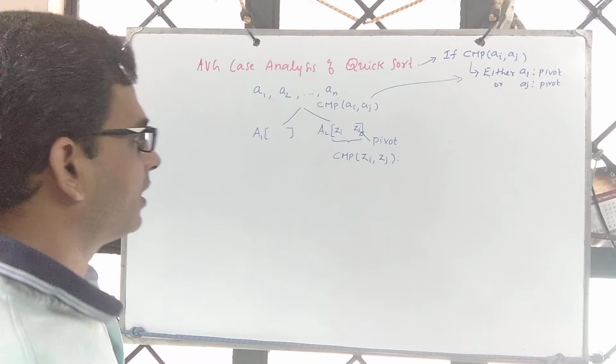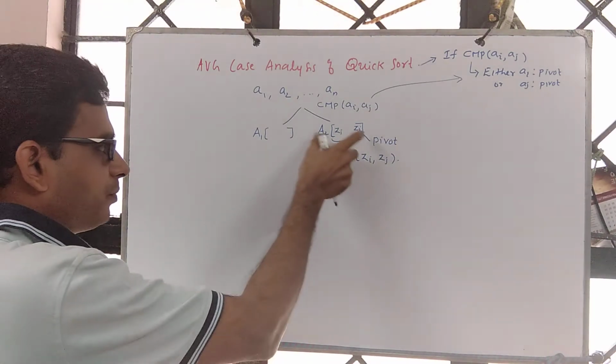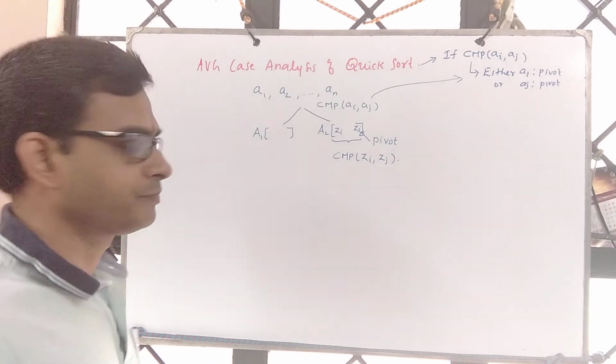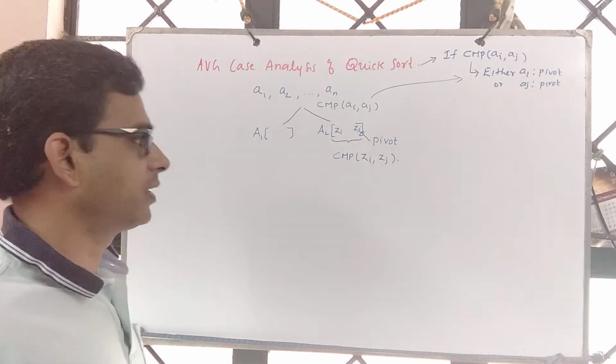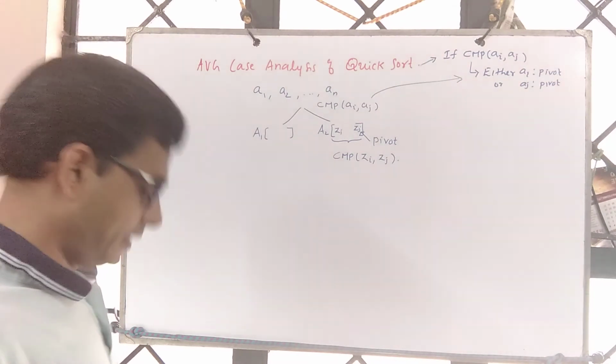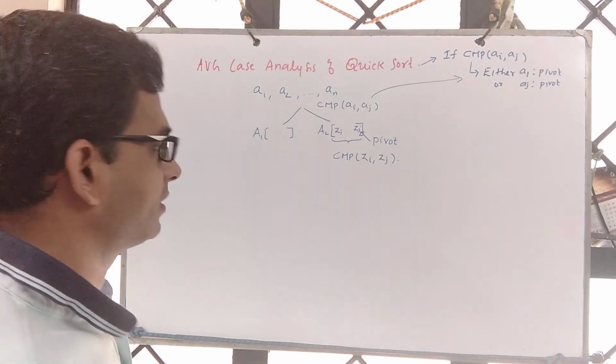So like that, if you proceed down, at any point in time you look at a subarray. If there is a comparison between a pair of elements, then either Zi is pivot or Zj is pivot.